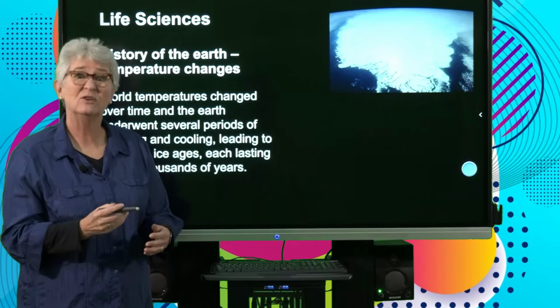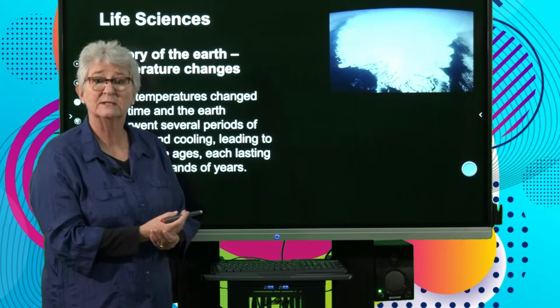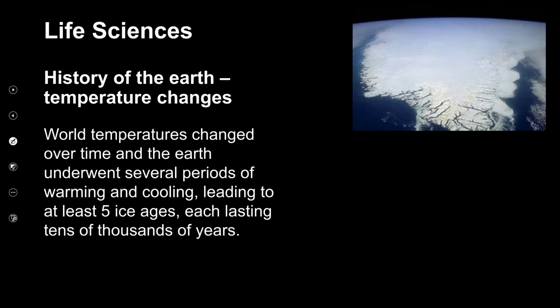In fact, there were several ice ages, and between them there were periods of global warming. So the world temperatures changed, and there were several periods of warming and cooling, and that led to at least 5 ice ages. And this is what the Earth looked like, covered in ice.